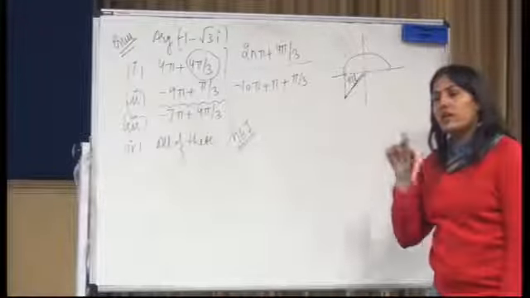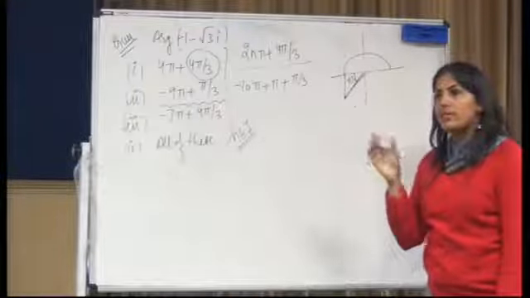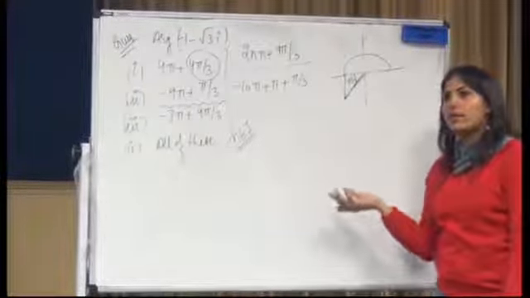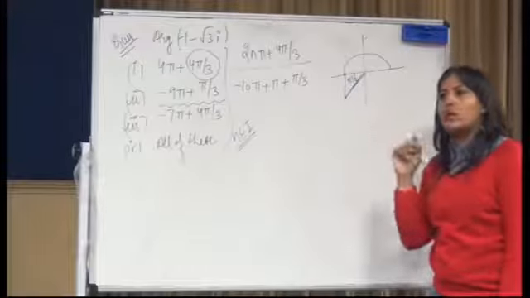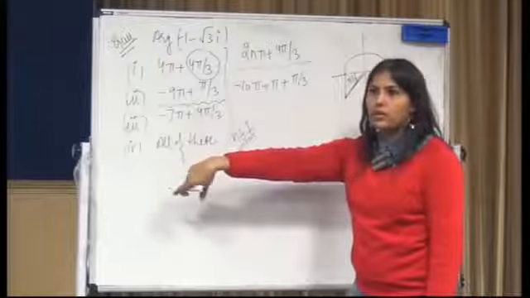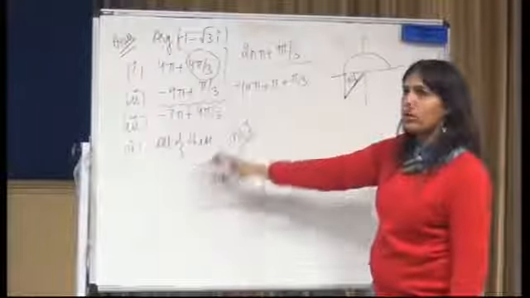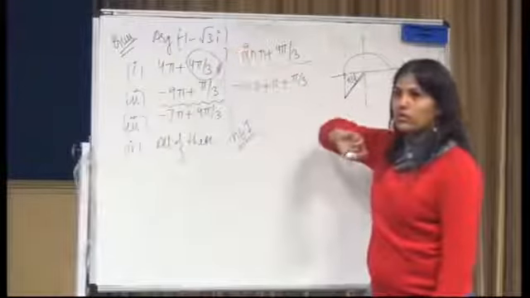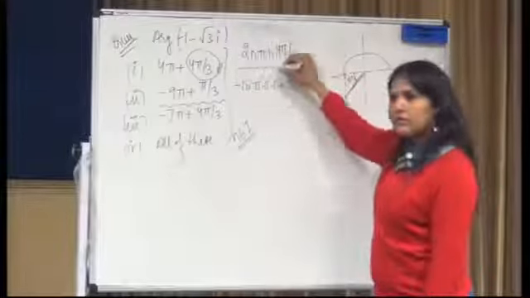That time I was telling you that 4 pi by 3 plus 2n pi is not a wrong answer, but if we want the answer in the principal argument, then we have to reduce the value to come into the interval. But nothing is written in the options that you have to give the principal argument. You are given the options, and this is one of them. So pi plus pi by 3, that is 4 pi by 3. So basically this is the answer.